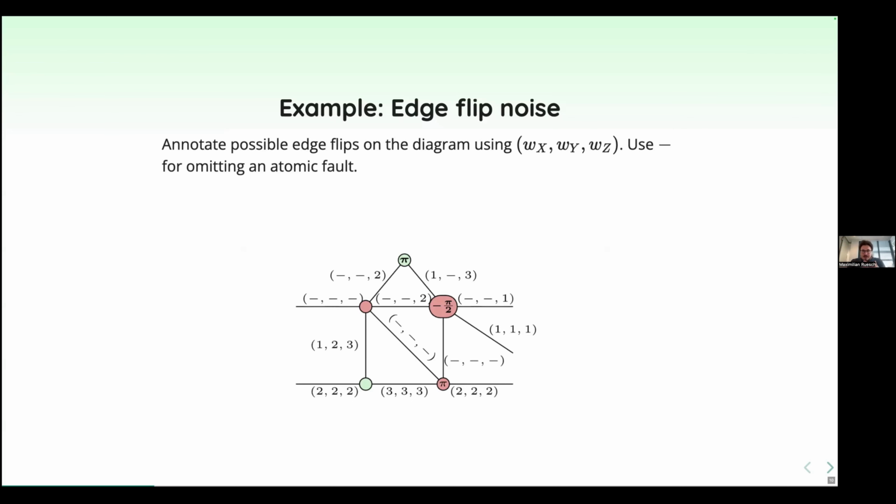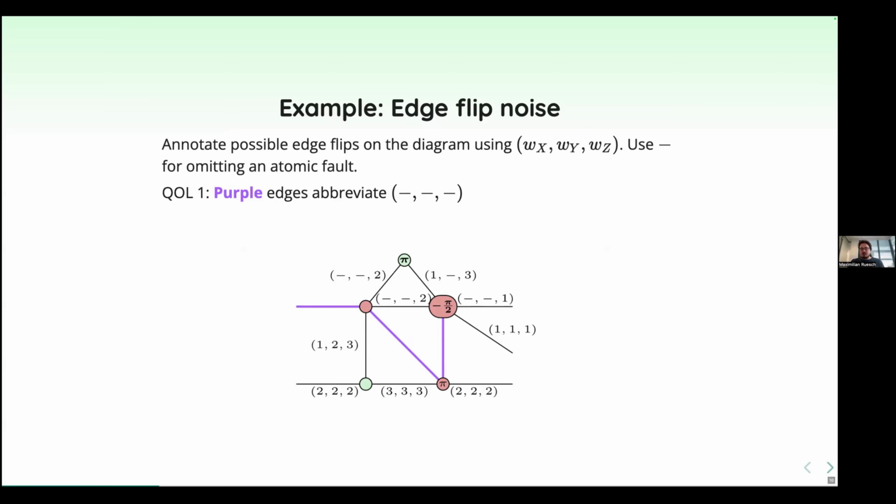We will handle these edge flip noise models a lot, but we want to introduce some quality of life because adding these vectors to every edge is unwieldy. So the first quality of life that we're going to introduce is an abbreviation for this triple of dashes, so no atomic faults on an edge. We do this by marking these edges purple, and this is what might be known to some of you as idealized edges.